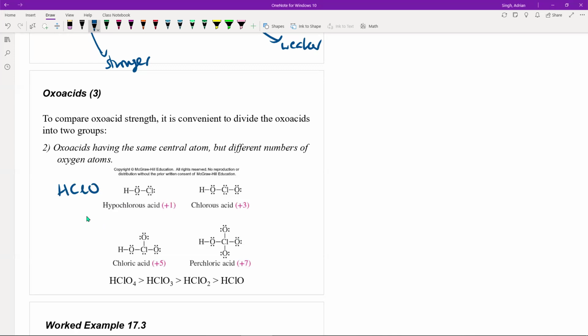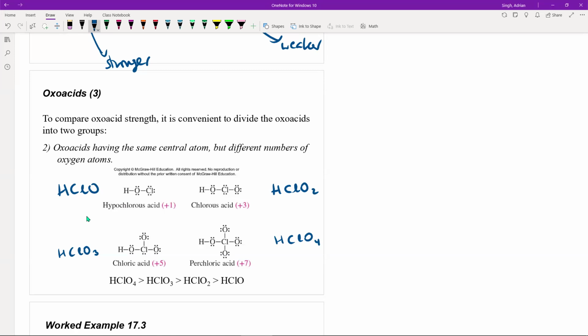We have chlorous acid, which is HClO2. We have chloric acid, HClO3, and perchloric acid, HClO4. So the difference here is the number of oxygens in each of these, and the resulting change in the oxidation state for the central chlorine atom in each of these as well.